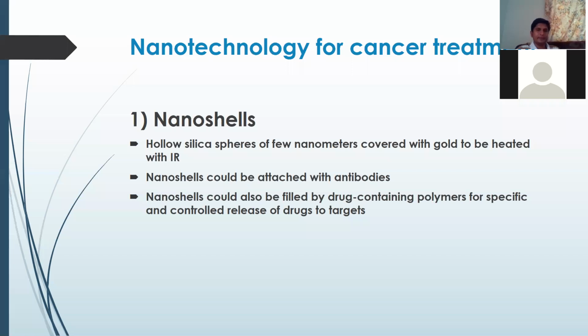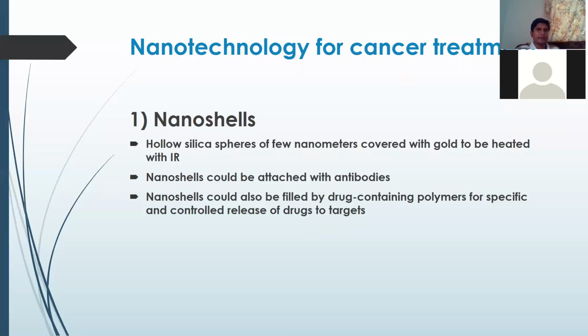So this is an advantage. Another strategy of using these nanoshells is that nanoshells could be attached with antibodies. You know that we can use antibodies in order to treat many diseases. Currently, in the case of COVID-19, you are well aware that people are using the antibodies of other patients that have recovered from the coronavirus, and they are injecting antibodies from foreign sources in order to develop immunity in their bodies against the coronavirus.